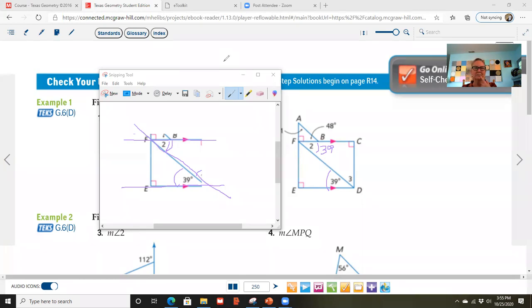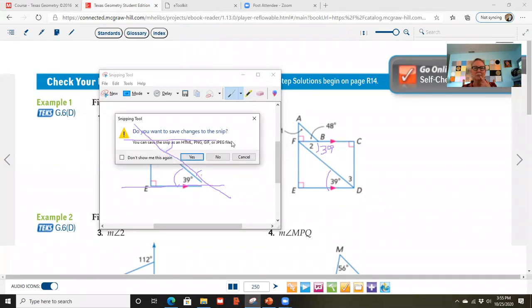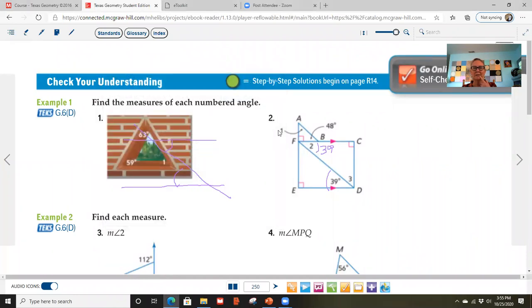And we knew the measure of angle 1 because A and B are the acute angles of a right triangle. That's the same concept you're going to use to find the measure of angle 3. Angle 2 and angle 3 are the acute angles of right triangle FCD. In case you need to know how to name a triangle, I'm using the straight line tool this time.